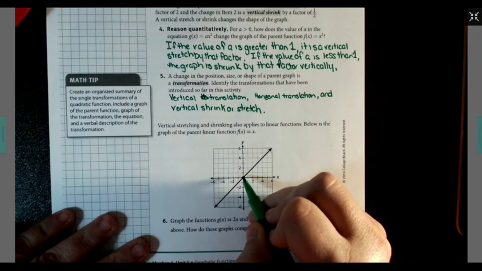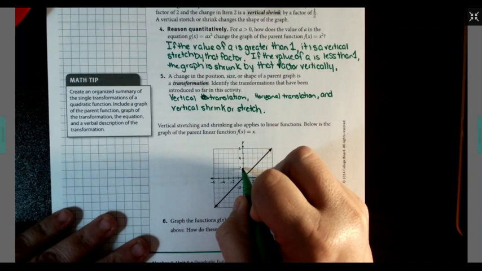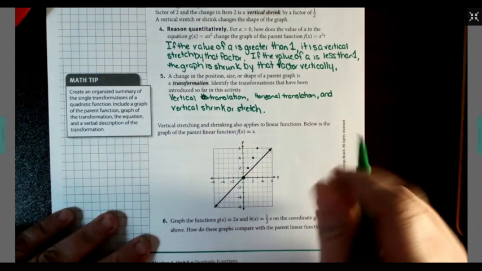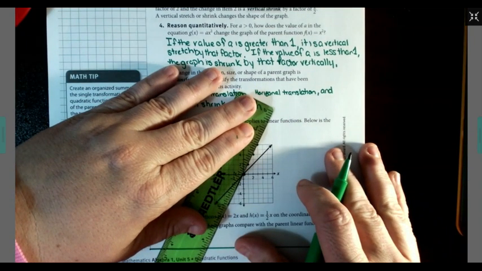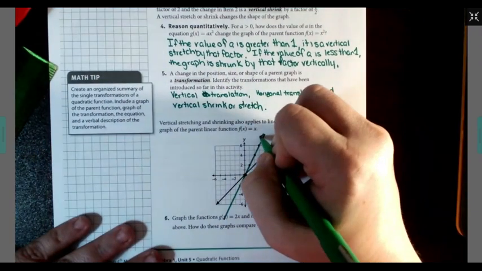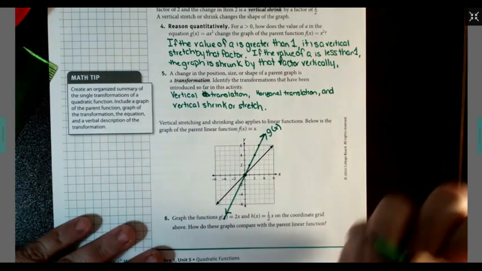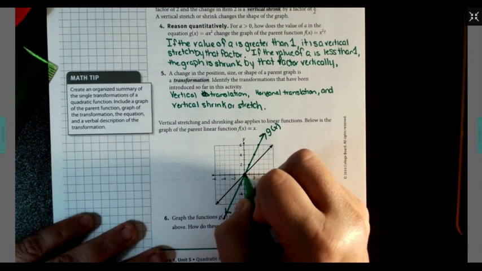Okay, so we're going to start at 0, 0. This says a slope of 2, so up 2 over 1, up 2 over 1, up 2 over 1. So this graph right here is g of x. Okay, let's now graph h of x.